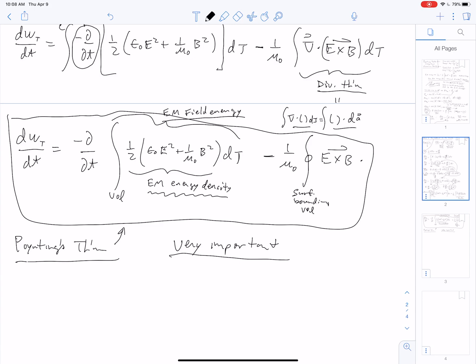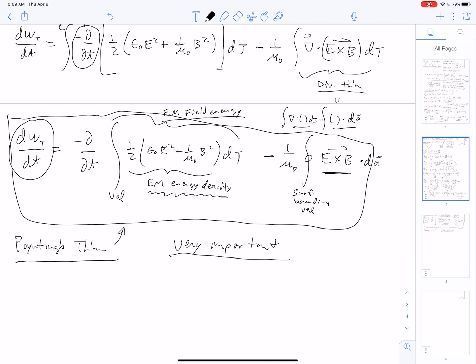We were talking about the volume of the charge distribution, but through all this mathematics I can see that the work per time performed on a charge distribution in some volume can be written in terms of the time rate of change of the electromagnetic field energy in that same volume, minus this surface integral over that volume of this weird vector E cross B. So let's rewrite that.